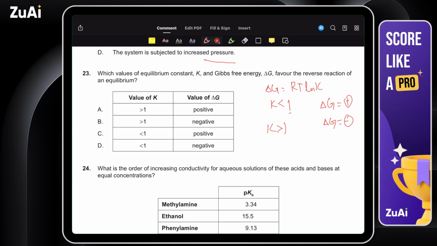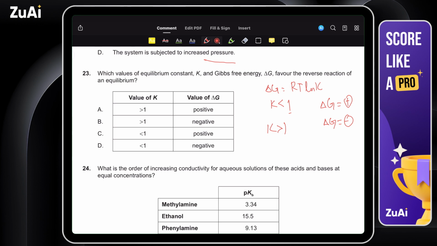So the positive value shifts the equilibrium to the reverse reaction.